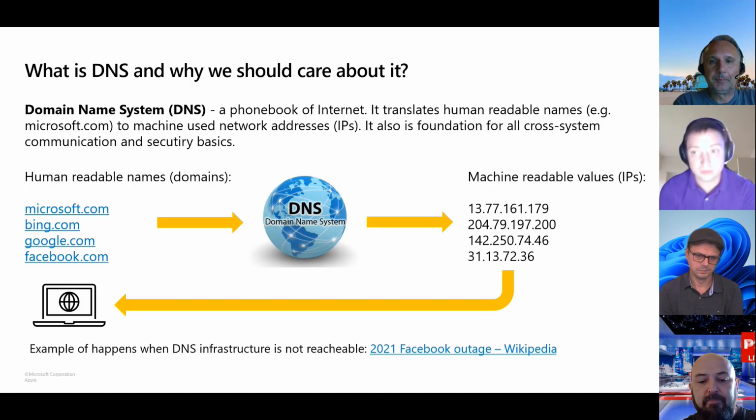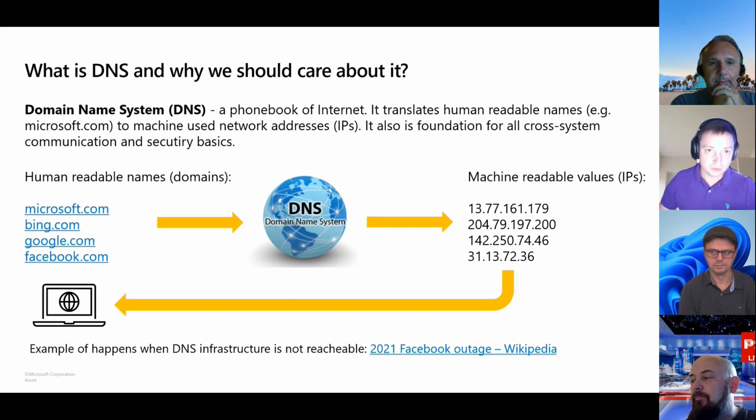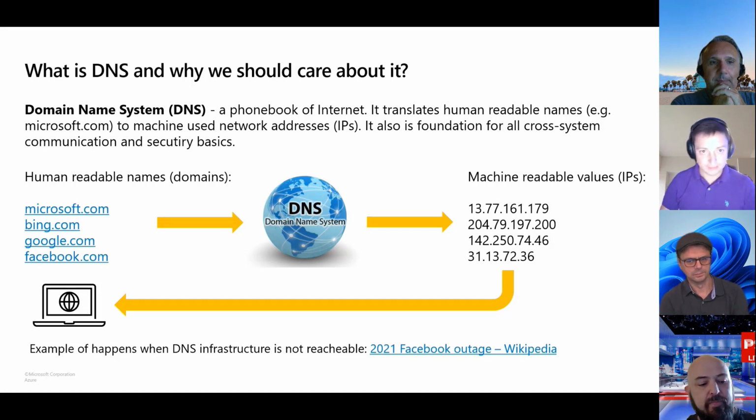It also creates a foundation for all cross-system communication and security basics, because a lot of security elements are based on DNS names and domains. For instance, certificates are issued based on domain names and so on and so forth.